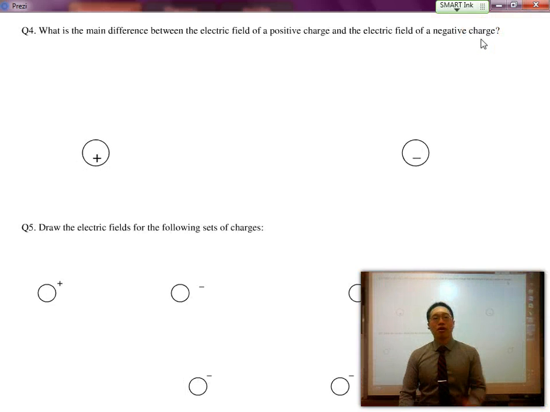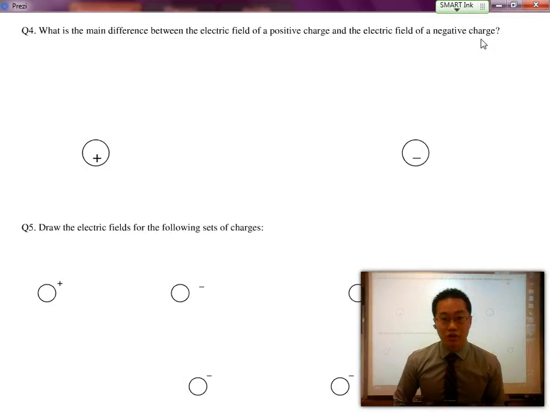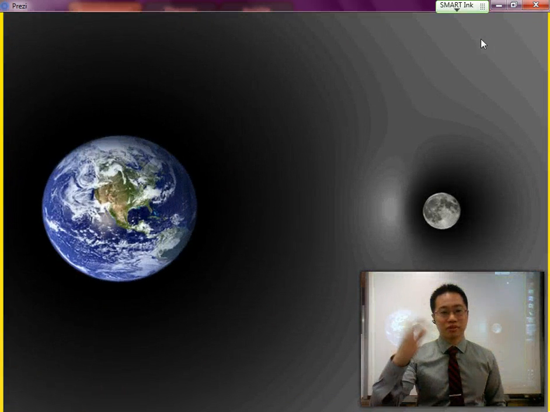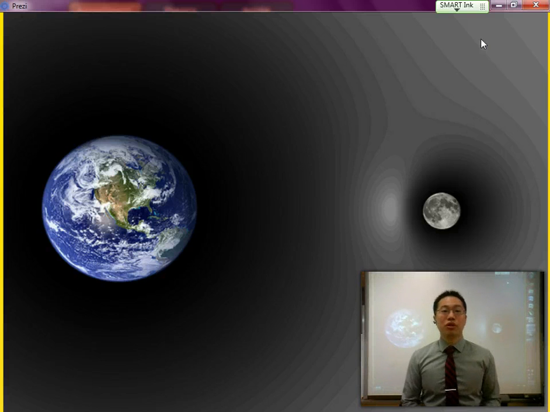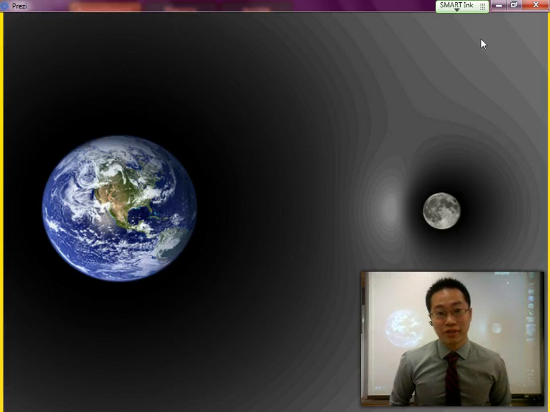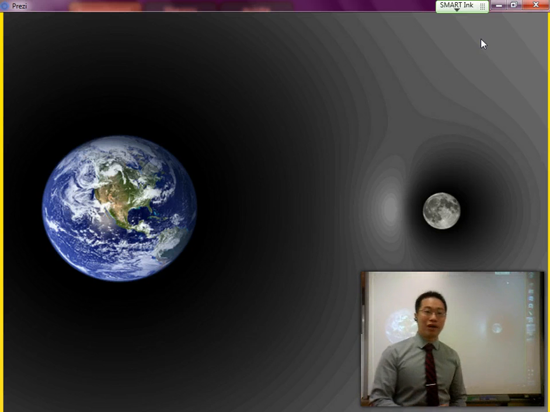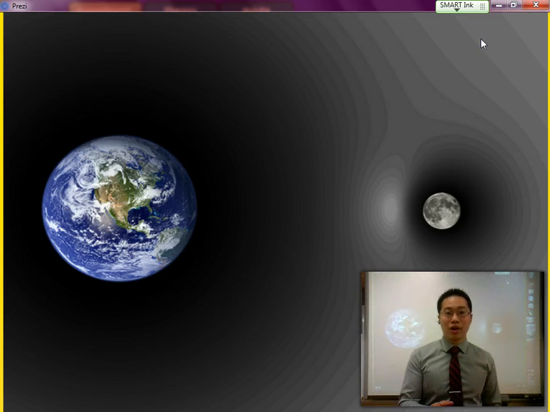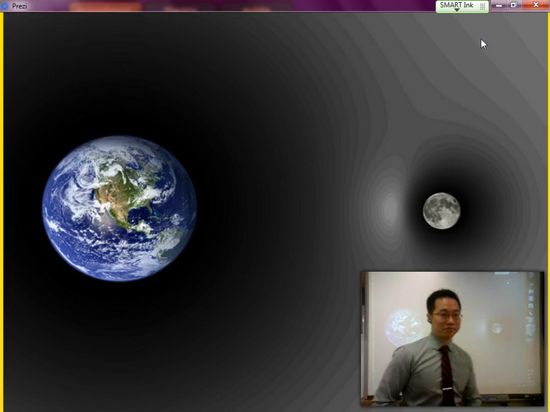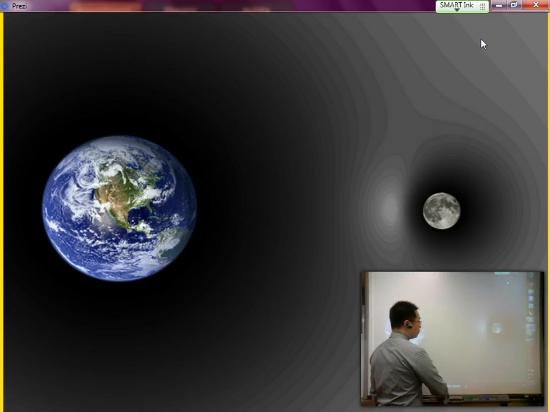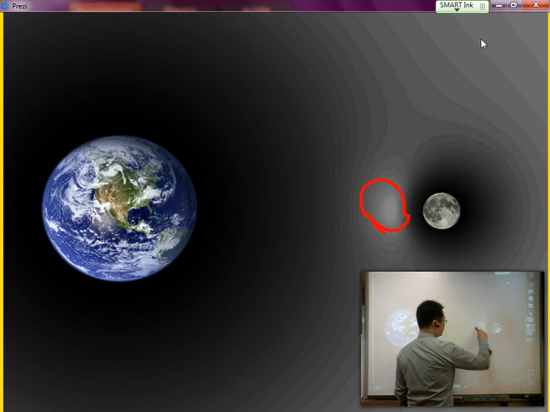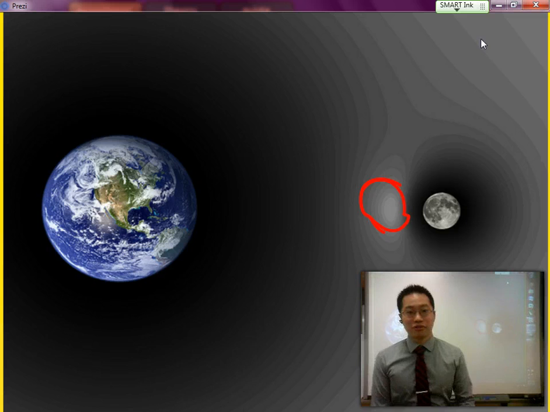But the thing is, what if we have more than one charge? Just like when we deal with the Earth and the Moon. We know the Earth and the Moon both exert a gravitational force. And the dark area around the Earth and the Moon shows where the gravitational force is the strongest. But if you look carefully, there's a spot right here that's light colored.